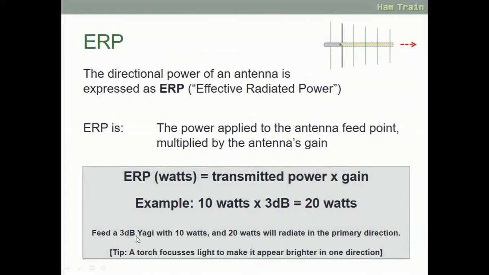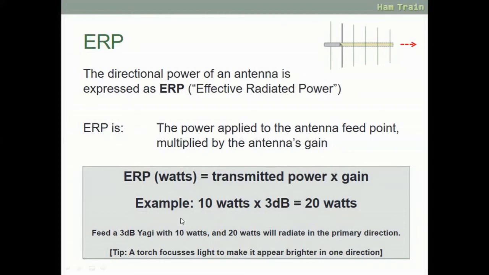You feed a 3 decibel Yagi with 10 watts and 20 watts will radiate in the primary direction. To put this into more visual terms, if you've got a torch, it's got a mirror around the back of the bulb that focuses the light to make it appear brighter in one direction.